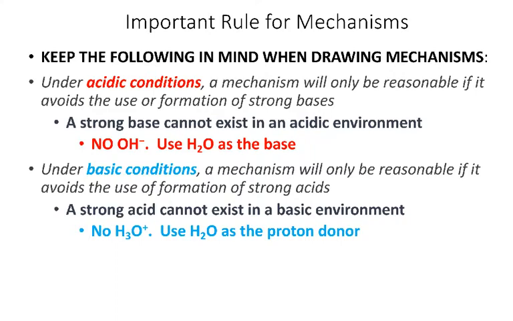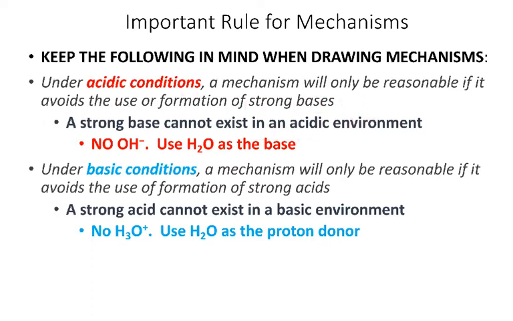So if you go back and look at the mechanism for the acid-catalyzed hydration, in that last step, when we needed a base to pick up that extra proton, we didn't use hydroxide because I can't have a lot of hydroxide and hydronium ion existing at the same time in solution because they'll just react with each other. So if I have acidic conditions, I can't also have strong bases present, right?